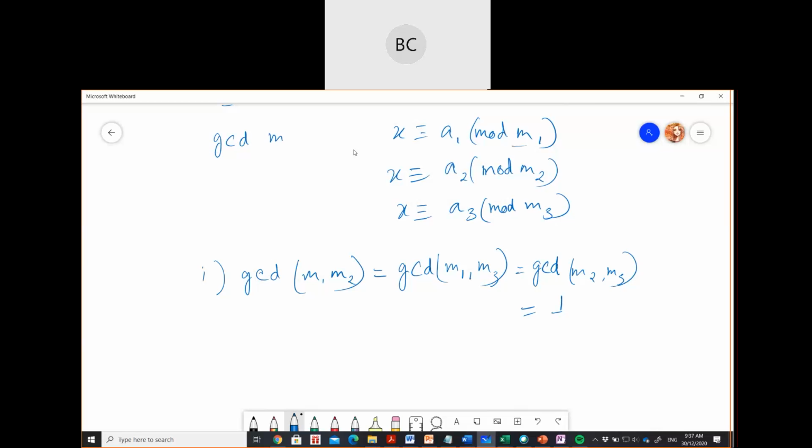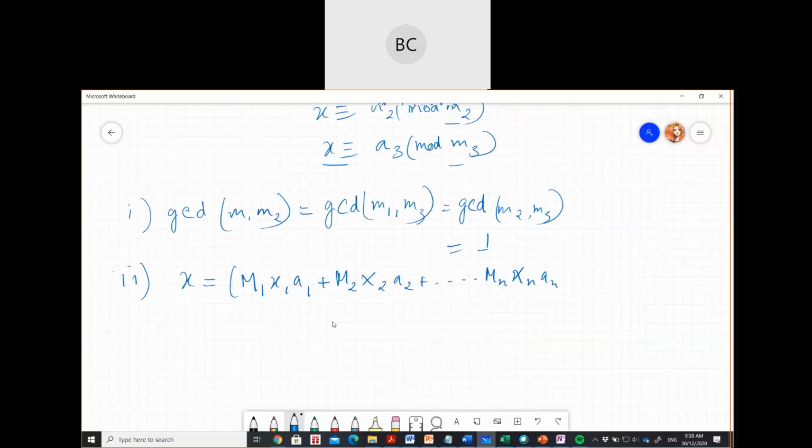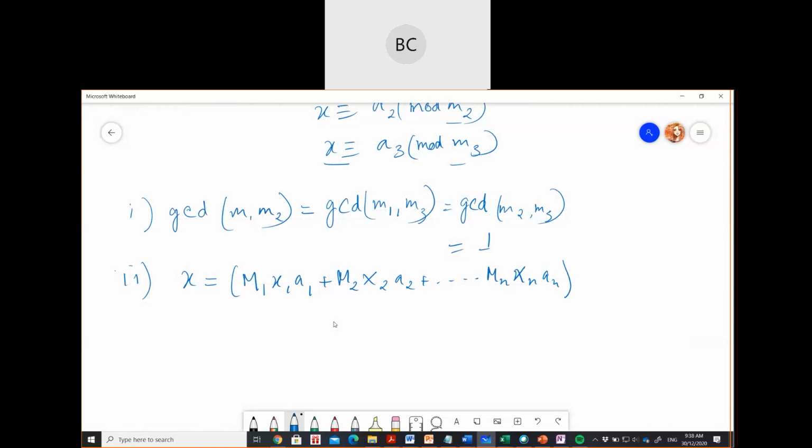And how you can find the solution for X: the equation will be like X is the sum of M1 X1 A1, M2 X2 A2, up to Mn Xn An, and this whole mod M. Now what is M?